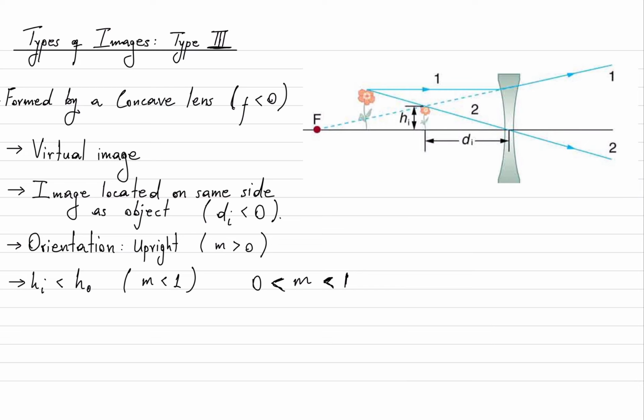I should emphasize that we've only considered convex and concave lenses. By understanding how light propagates through these types of lenses and how images are formed through these lenses, we can therefore make combinations of these lenses.